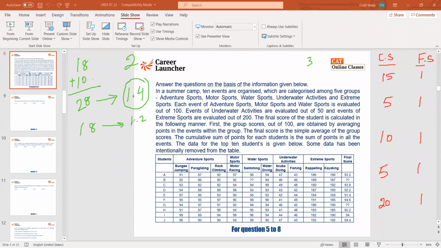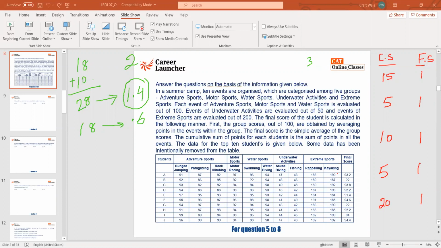That means I cannot give him 18 in full. So how much can I give him? Out of 2, 1.4 is done. That means the only permissible limit for me is 0.6. So I can give him only 0.6 more. If I give him 0.6 more here, 1.4 plus 0.6 is 2.